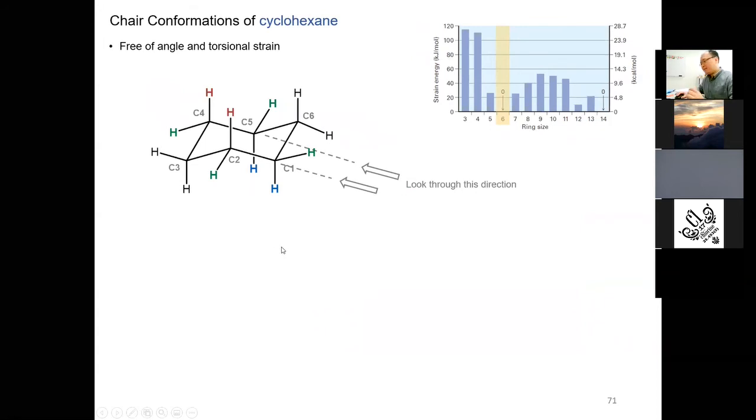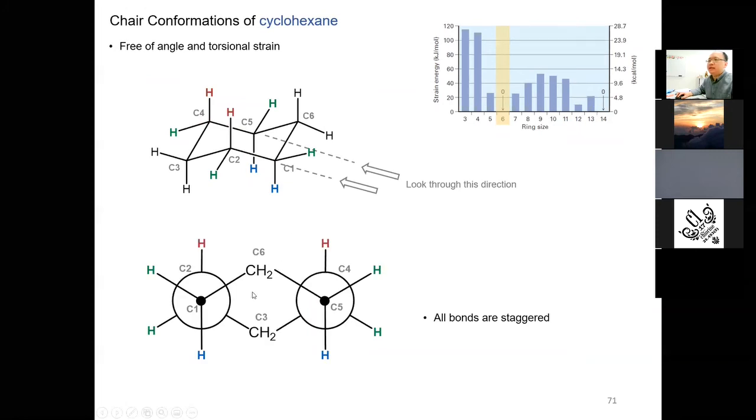So why does this chair conformation allow the cyclohexane to have no strain energy? There are several aspects. Let's consider the Newman projection. If we look through this direction of the C1, C2 bond, and this direction of the C5, C4 bond, what we see is that in the front is C1, C5.